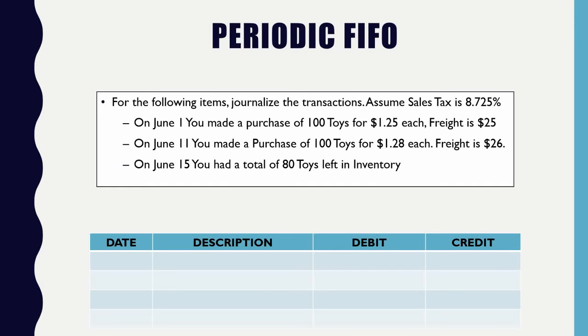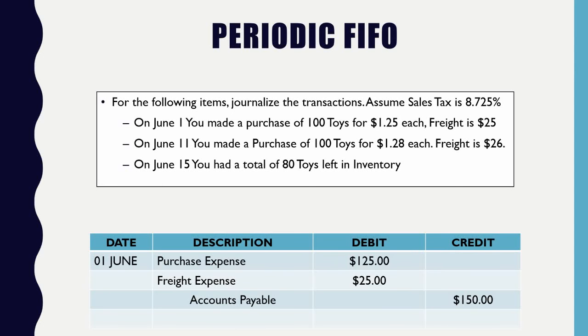Now, this is assuming that everything is going to be on account. So everything's going to be accounts payable, and under accounts payable, that credit will be $150. Perfect. And that is exactly how you journalize this transaction.